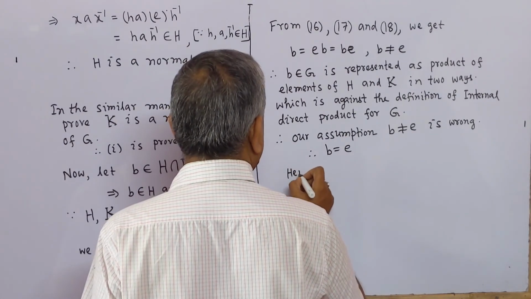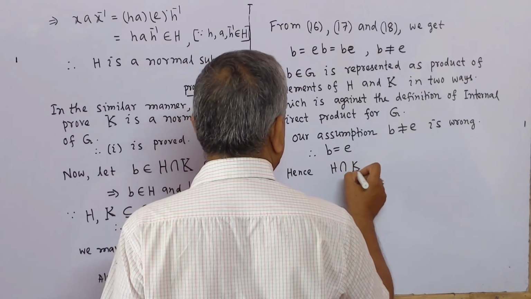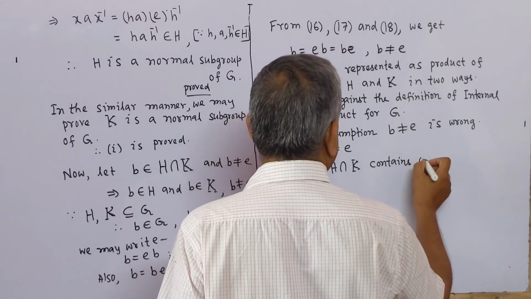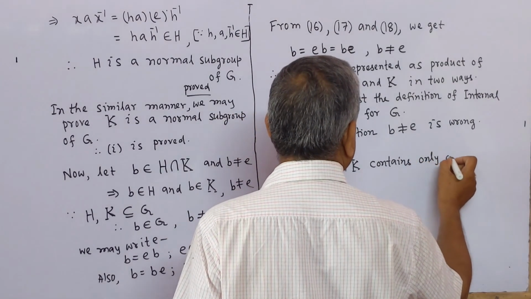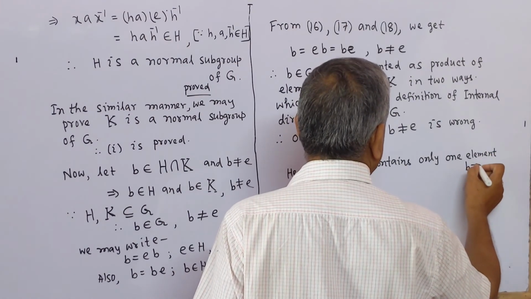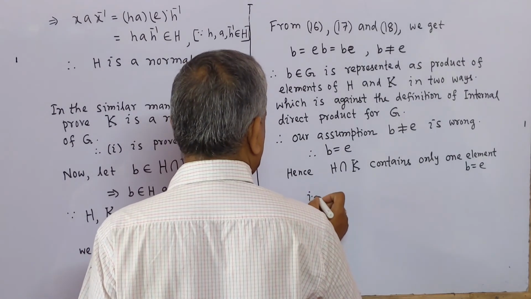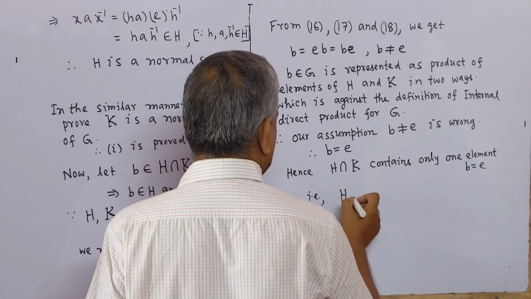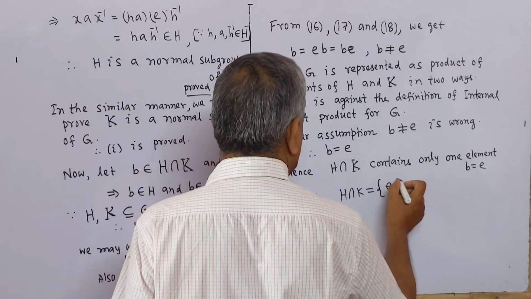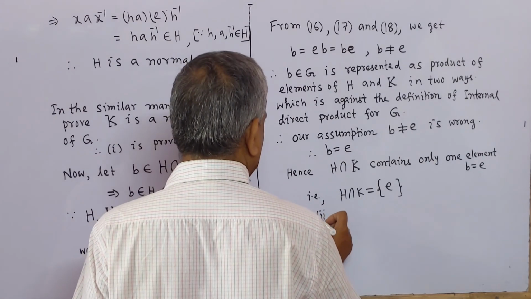Hence, H intersect K contains only one element, B equal to identity element, that is, H intersect K is a set containing only the identity element. Therefore, 2 is proved.